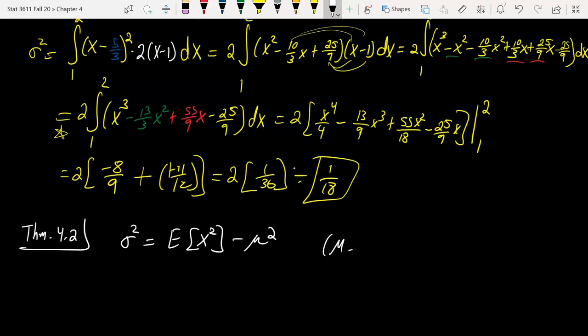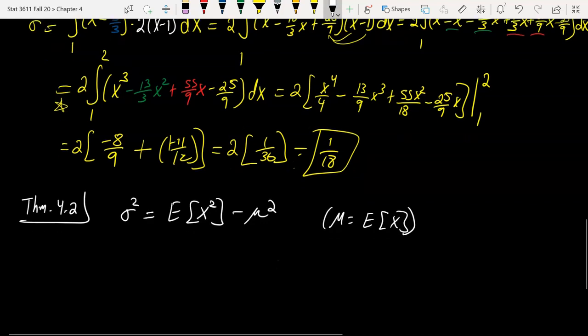Remember that the mean is just the expected value of x, okay? This is much more commonly used. Why is it more commonly used? It's more commonly used because the computation is more friendly.